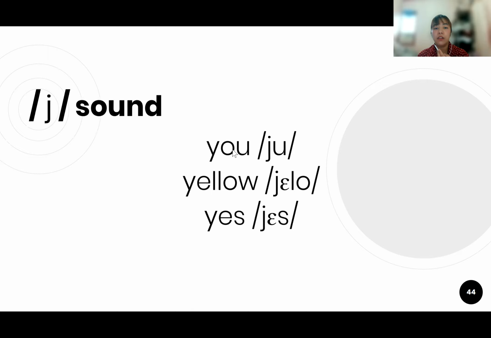So for example, your Y sound, J, and then your OU here makes use of your long U sound. That's why we make use of the small letter U, which represents the long U sound. U, yellow. In yellow, Y sound, letter you have here, the transcription for the Y. Next, we have your yellow, eh.